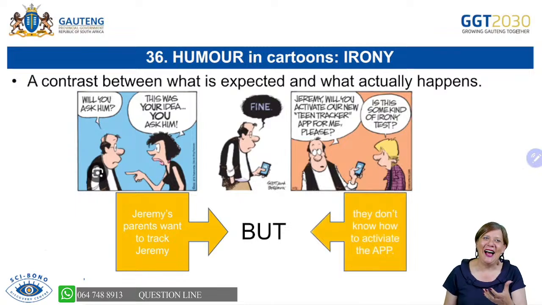So when you're doing irony, you need to use that word "but." I really need to see that contrast between the two. That is extremely important. If you forget everything I've said today, then just remember this: irony, there's always a "but." You need to show me what you expected and what exactly you got.